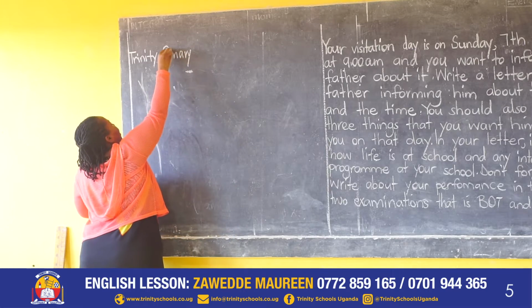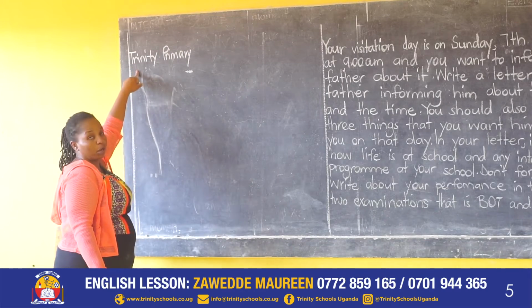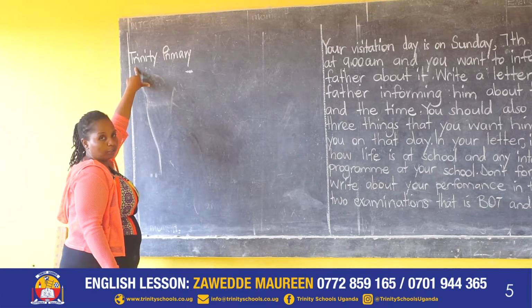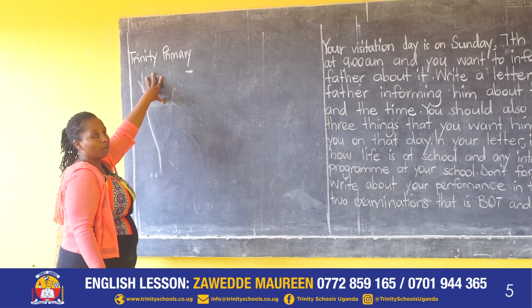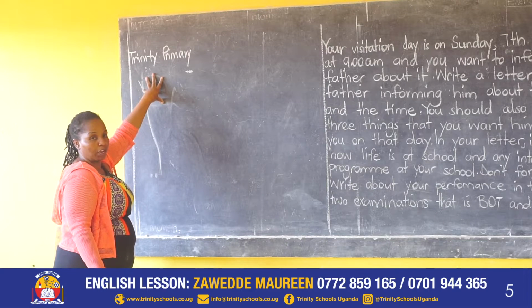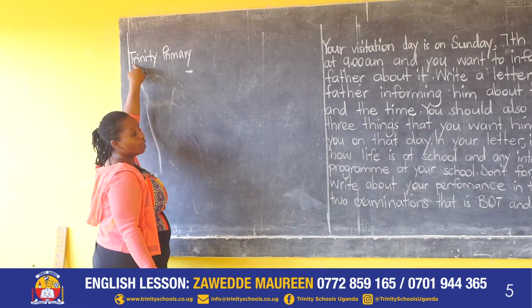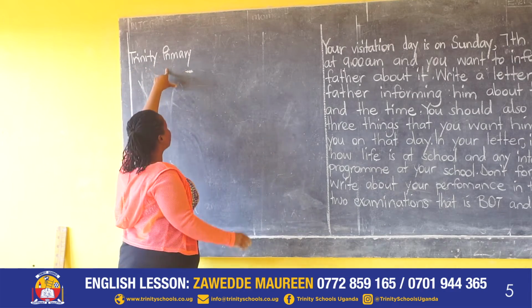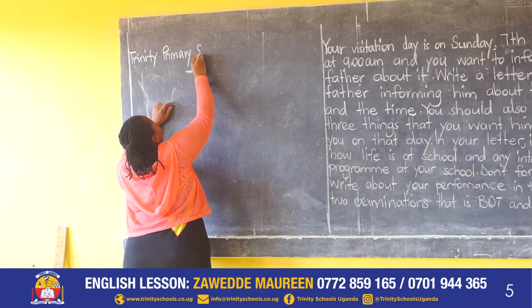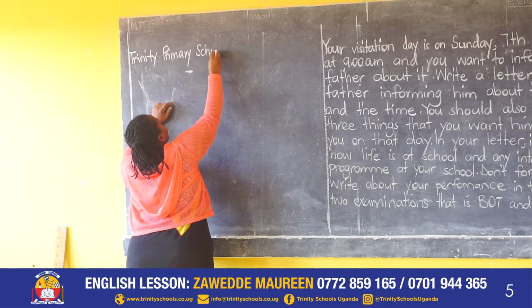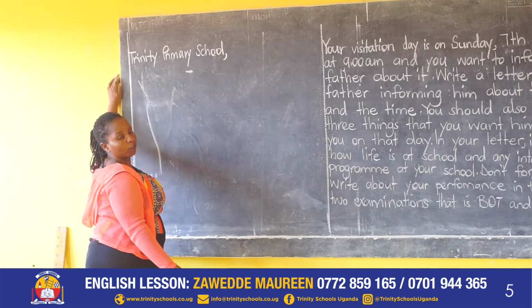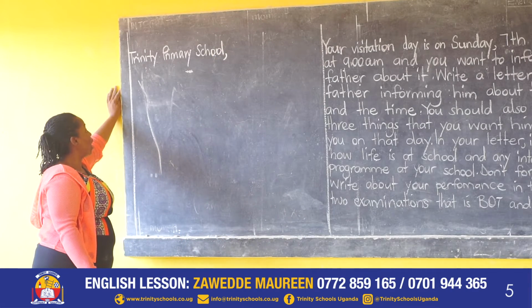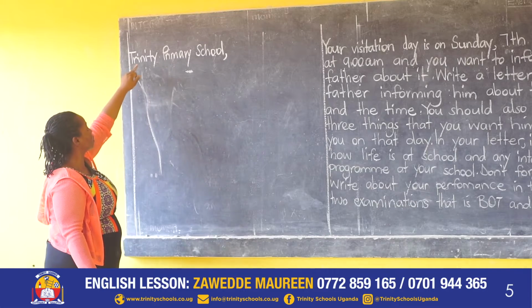Dear candidates, if I've decided to use the small letters, every letter in the name of the school or my place should begin with the capital letter. That's why you're seeing Trinity, capital T, Primary, capital P, and School, capital S. After writing the name of the place, that is my school, I put a comma.